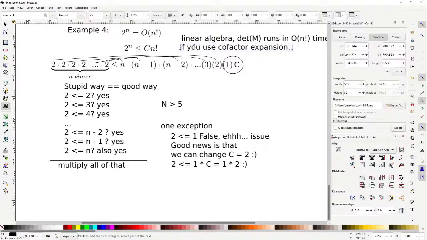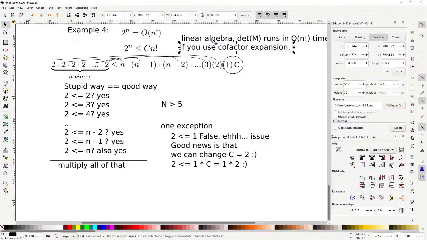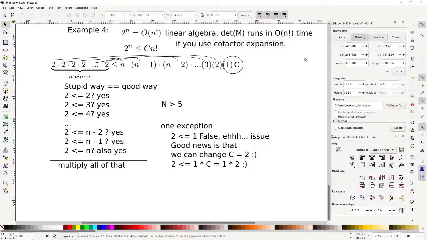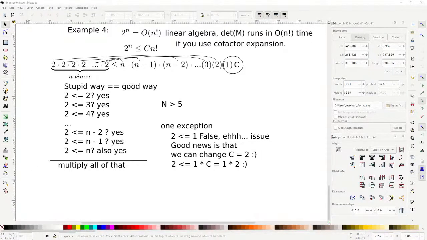There's a way to make it go much faster. If you use row reduction and then multiply the diagonal elements, you'll get the determinant again, and that's in quadratic or quartic time or something like that. Yeah, exactly.